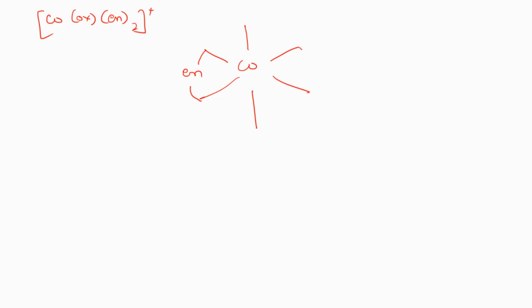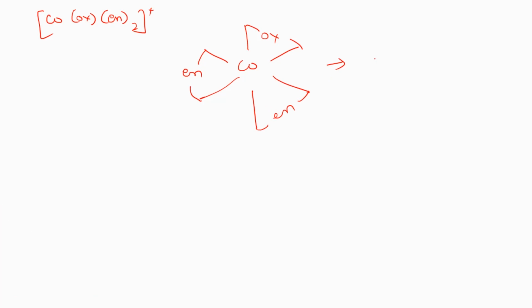Co(ox)(en) whole twice, 2 plus whole twice plus. Again I will do the same, in flow form. If I do this way also, en, and ox over here and en to be here.